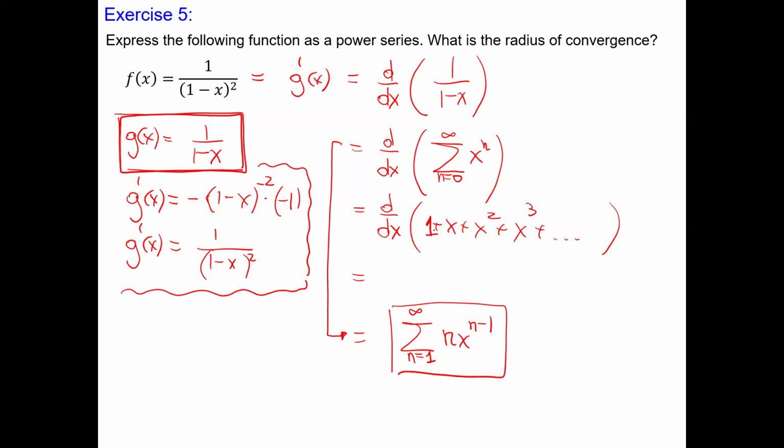And let's see, if we're looking at the expanded form, the derivative of 1 is 0, the derivative of x is 1, the derivative of x squared is 2x, 3x squared, 4x cubed, and so on. We can see n x to the n minus 1. And yes, we're losing the first term. That means this is basically the first term, this is the second term, and it makes sense.